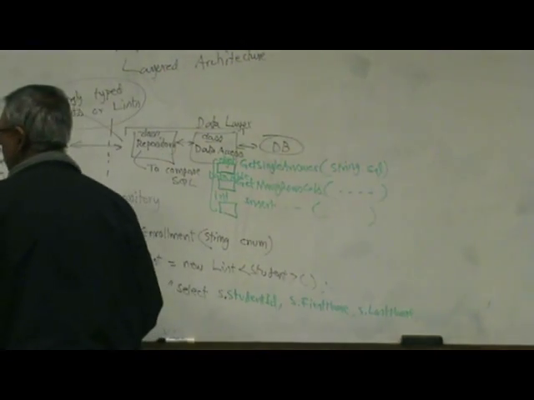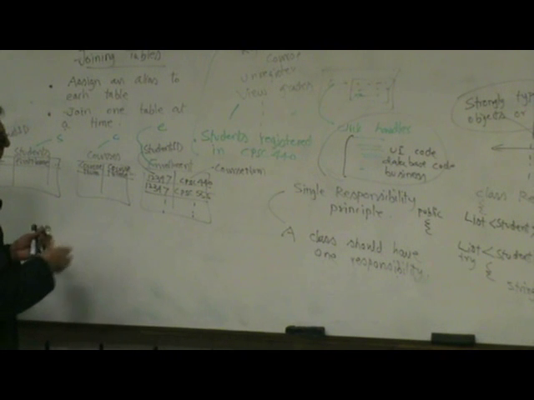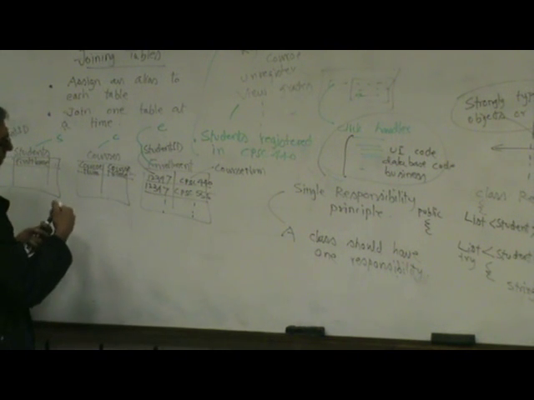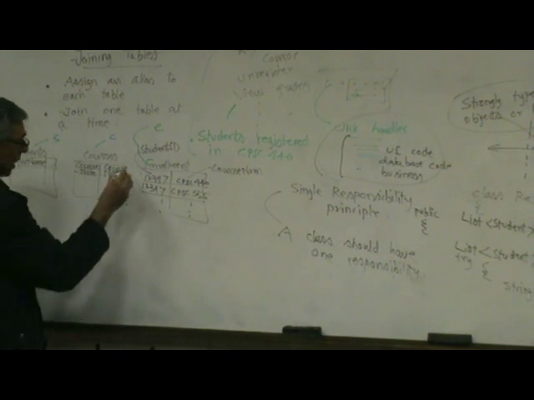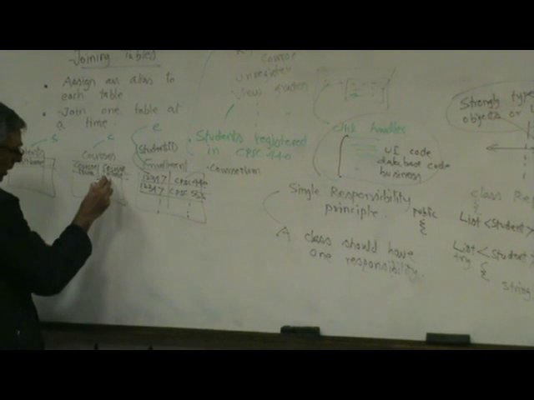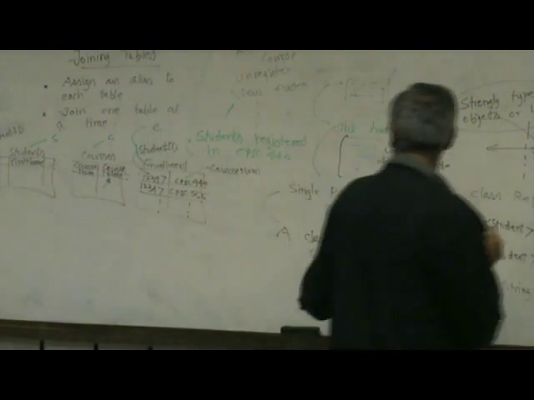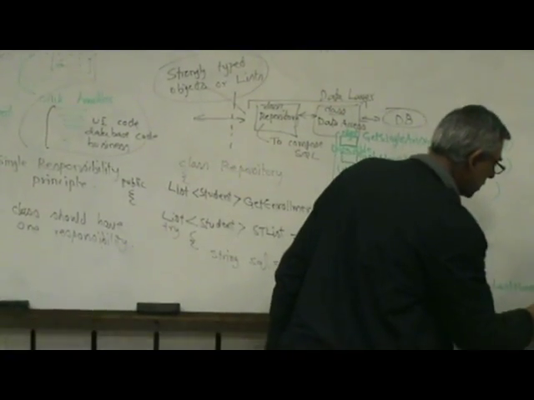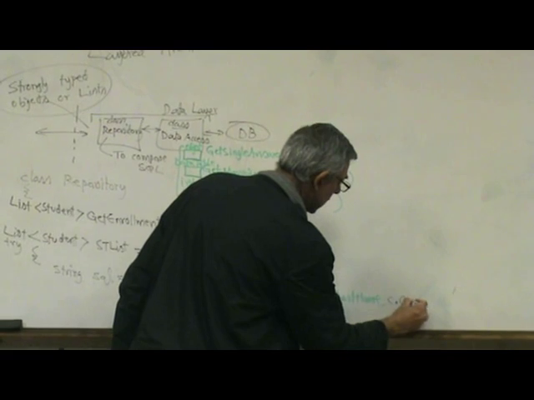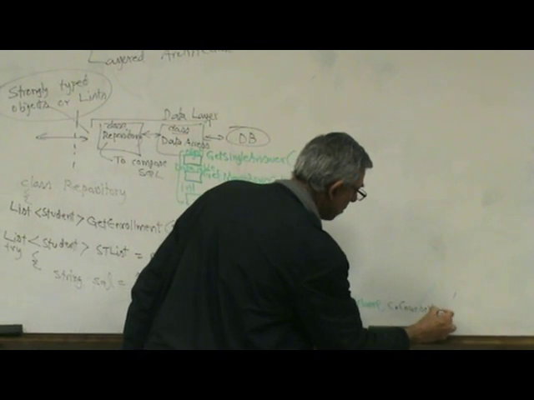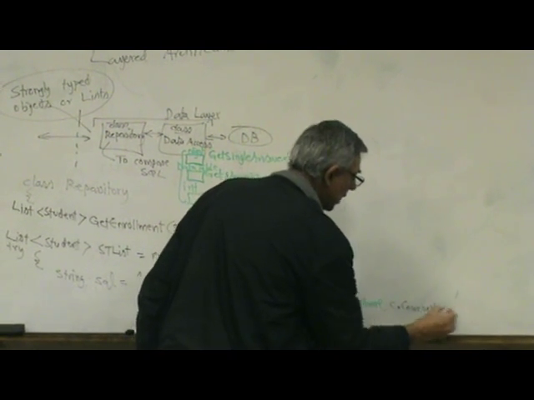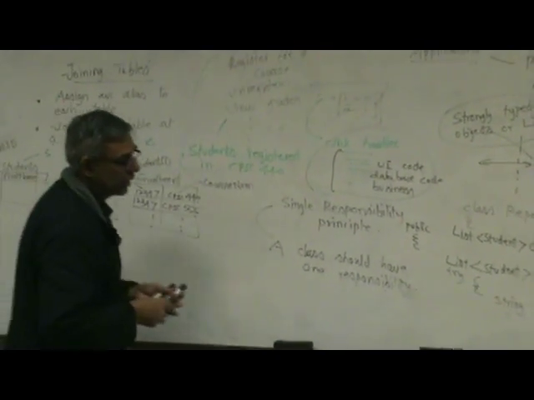Okay, just for the sake of fun, let's also pretend we also wanted to return the name of the course, okay? Because that is in the courses table, so C dot course name, right? Then we'll follow the next rule, join one table at a time.